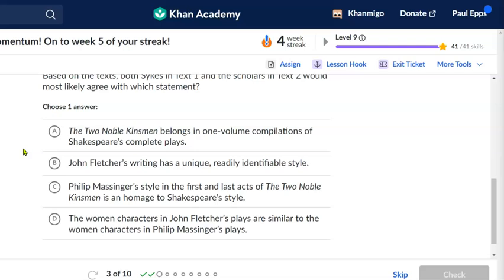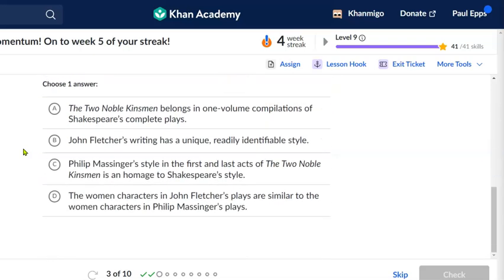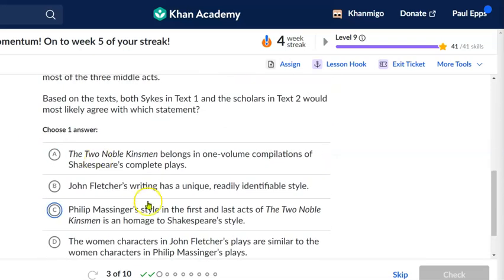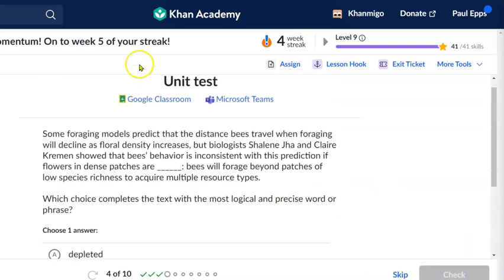B, John Fletcher's writing has a unique, readily identifiable style. Yeah, that's possible. C, Philip Massinger. C and D are talking about Philip Massinger, and the second text doesn't say anything about Philip Massinger. So we've got to rule out C and D and go with B.